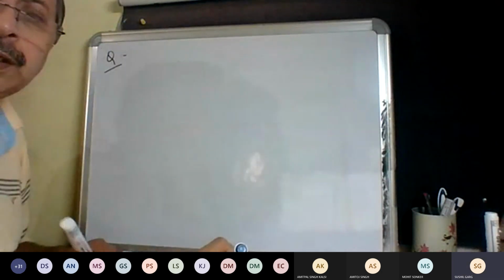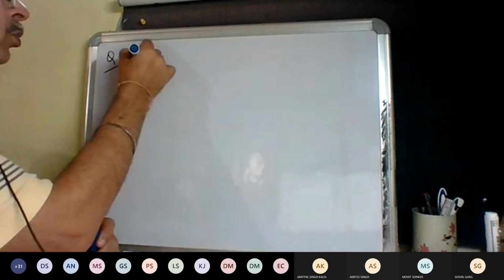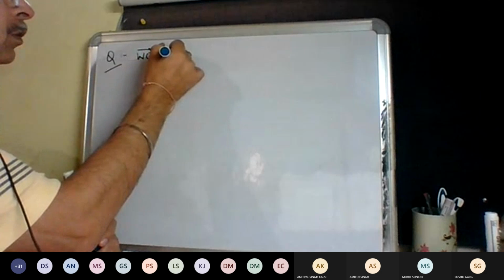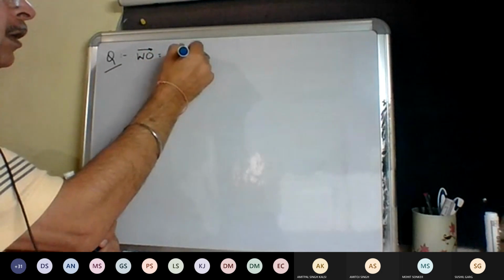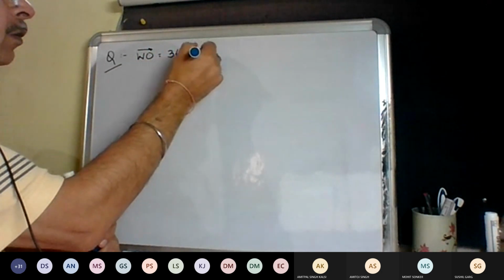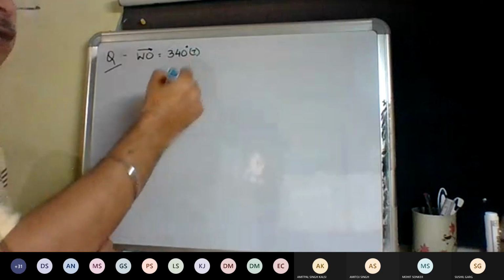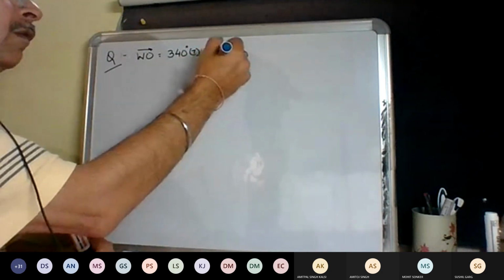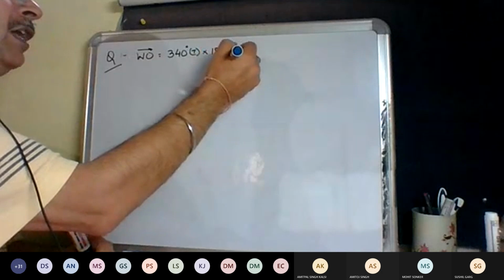Question. So let's take a question. Ownership course. So ownership is WO. Take a question: 340 degrees true, 15 knots.